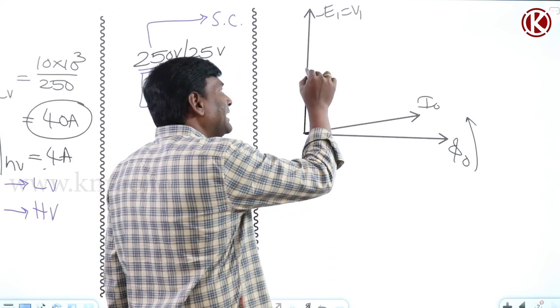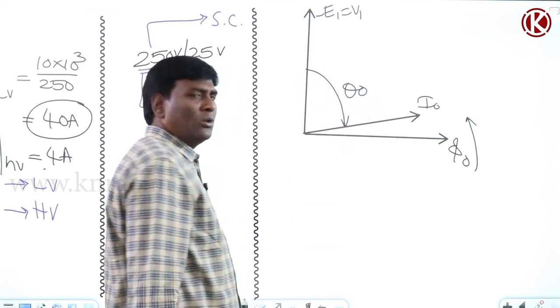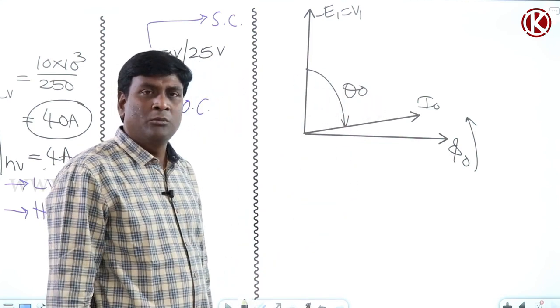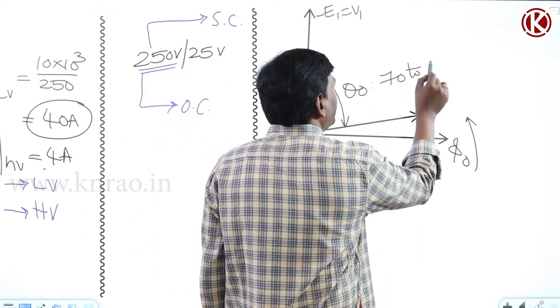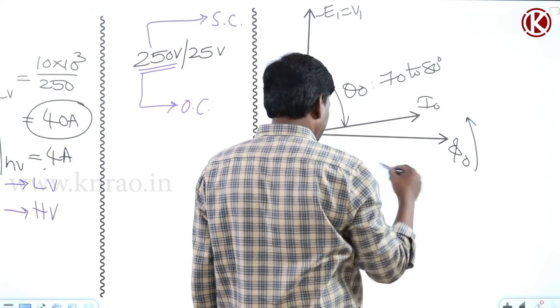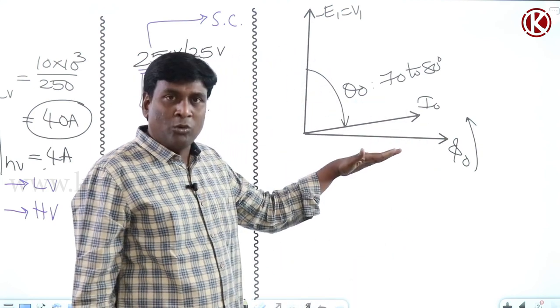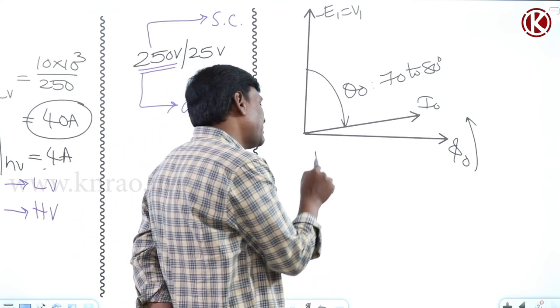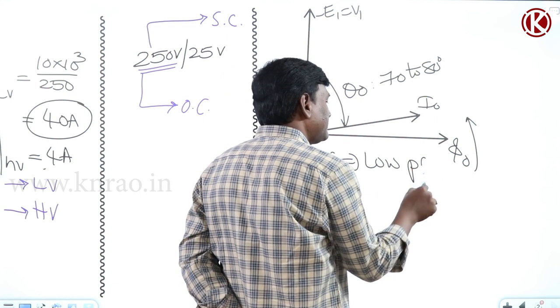The angle between them, theta naught, should be more. This theta naught varies between 70 to 80 degrees, or 65 to 80 degrees also can be said. So the moment theta naught is more, the power factor is going to be very low.